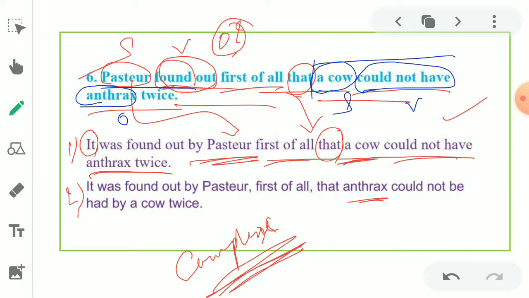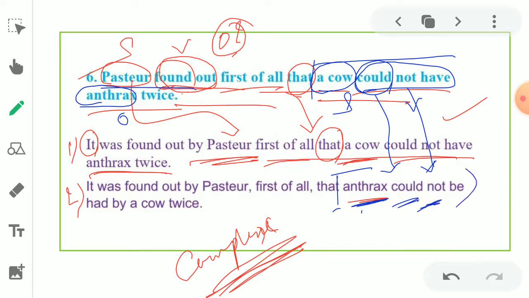So in the second sentence, you can see anthrax is written in the place of the subject. Then the modal auxiliary, that is could, is written as it is, with not in negative form.